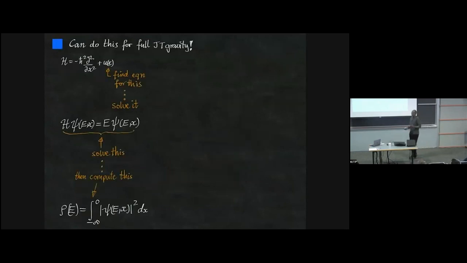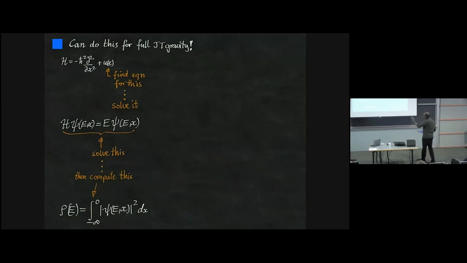Basically, you can do this for the full JT gravity. All you need to do, in quotes, is find this potential. It turns out that it satisfies what in the old language was called a string equation. Oftentimes, what people call string equations these days are just the leading order string equation, but there's a fully non-perturbative ordinary differential equation that you need to find and solve that defines the problem.